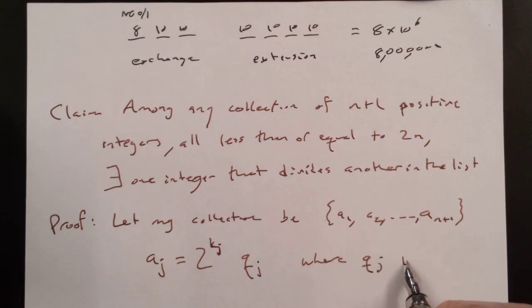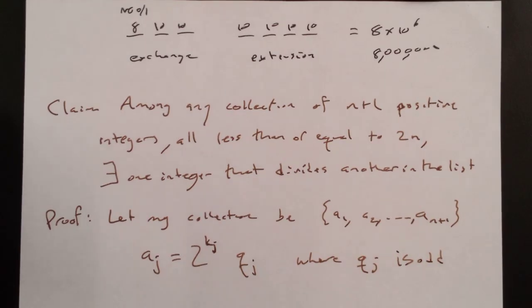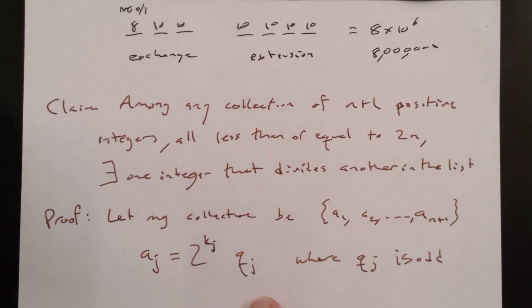where Qj is odd. So that's why I said I could use 3 and 5 and 7: they were odd already. I just took out the factors of 2. If I'd picked 6, I'd write 6 as 2 times 3. If I pick 8, I'll write 8 as 2 to the third times 1. So this must be odd.